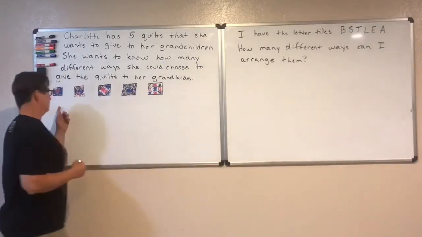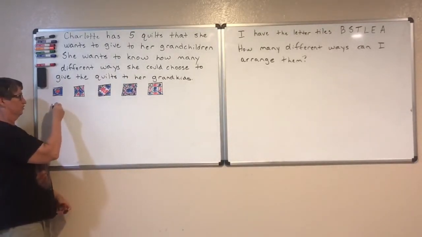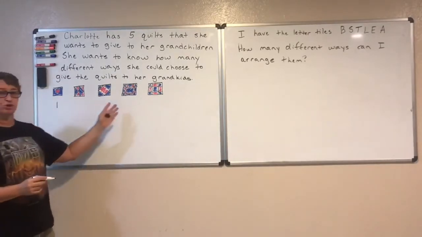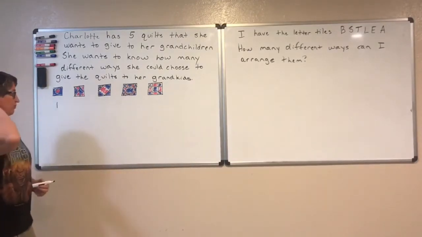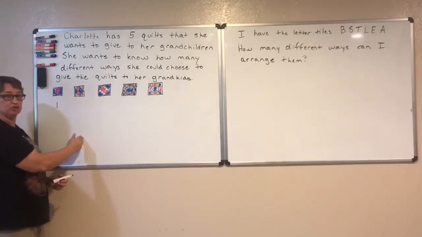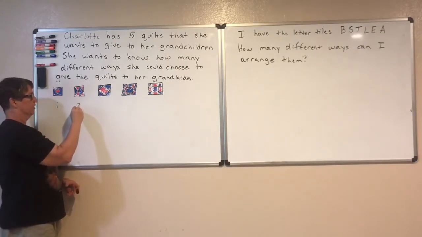If she decides to give her first quilt, this quilt, to one of the grandchildren, now she only has 4 grandchildren to choose from to give the rest of her quilts to. So on the next one, she has 4 different options where she could choose.